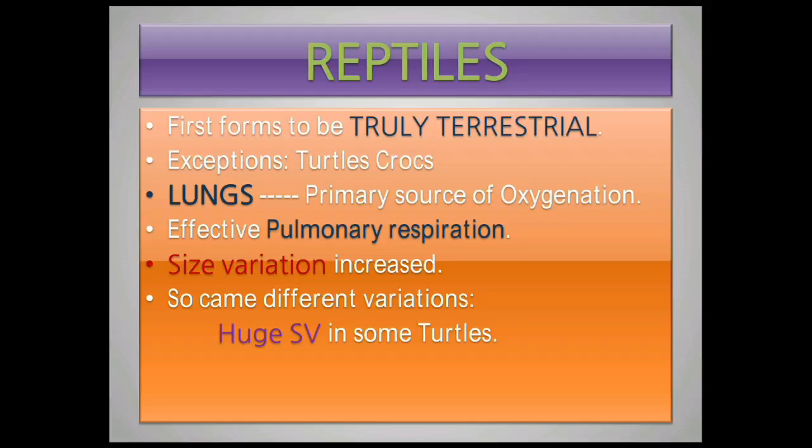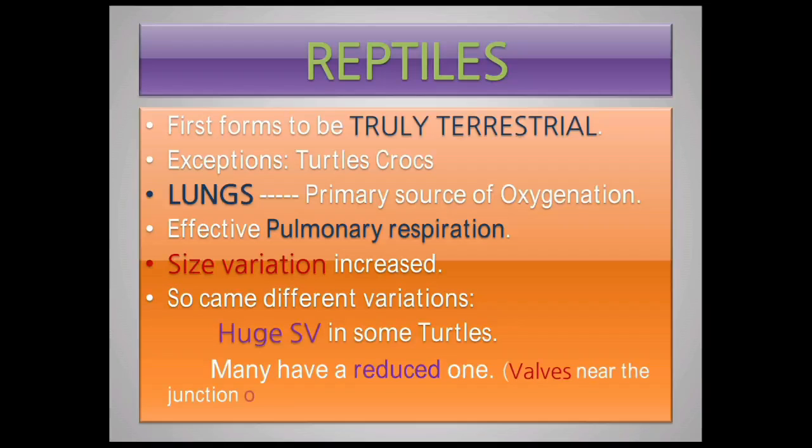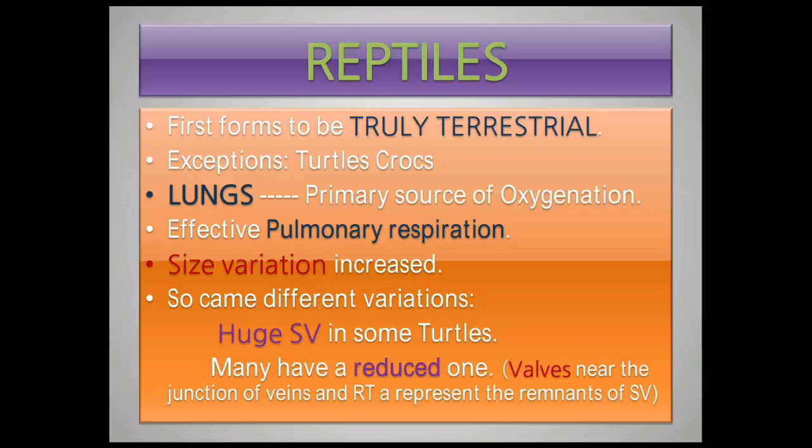These are some of the variations present in reptiles, and many reptiles have a reduced sinus venosus. This is a very important point to note: if they have a reduced sinus venosus, the valves near the junction of the veins and the right atrium represent the remnants of this sinus venosus.